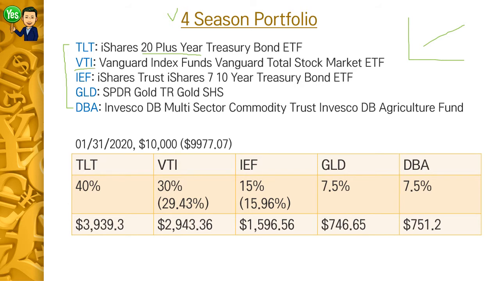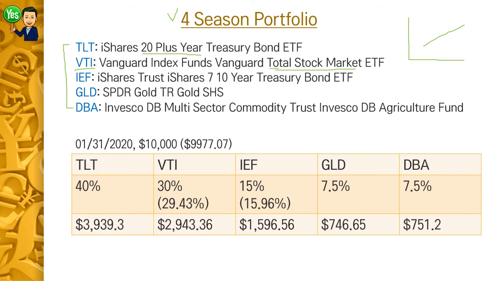VTI is a Vanguard index fund. This is the total stock market, so in this ETF there are all kinds of stocks, like you can buy the global stock market.